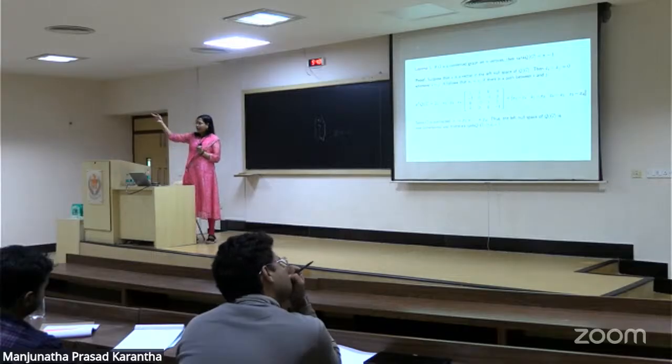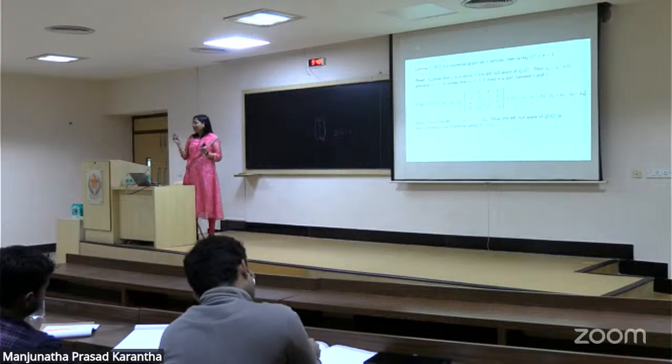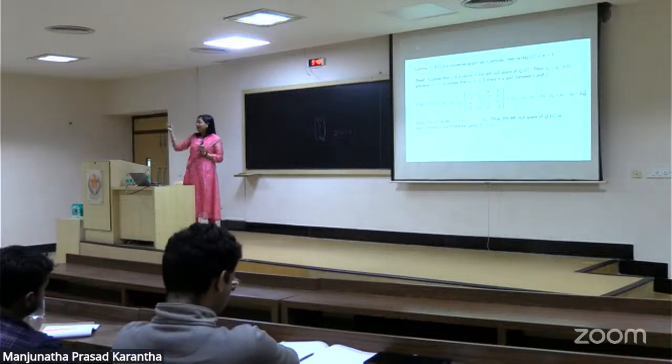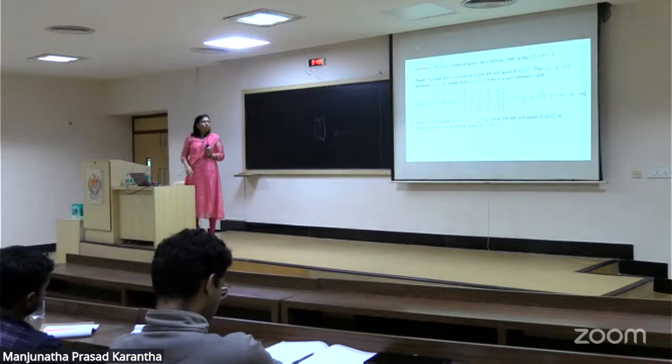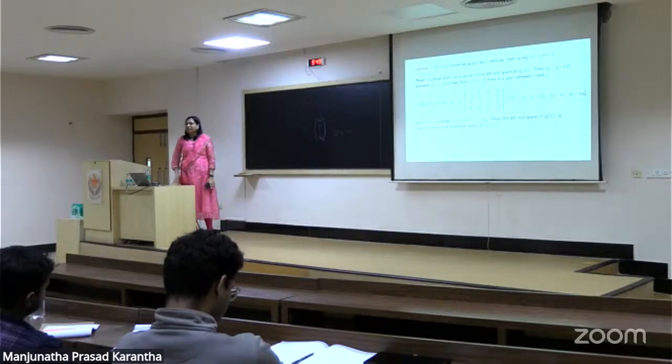Then I'll go to another edge, and those two entries are also equal. So all will become equal. Since the graph is connected, from any vertex I can reach any other vertex, right? So that way I can say that x1 is equal to x2, equal to x3, and so on.